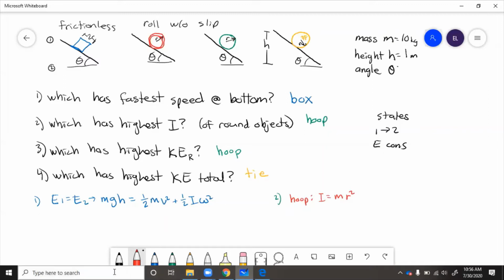And I guess we should be given r. R equals 0.1 meters. We'll say that. So hoop I equals m times r squared equals 0.1 kilograms times meters squared. Then for the box, we'll say I is 0 because it's not rotating.